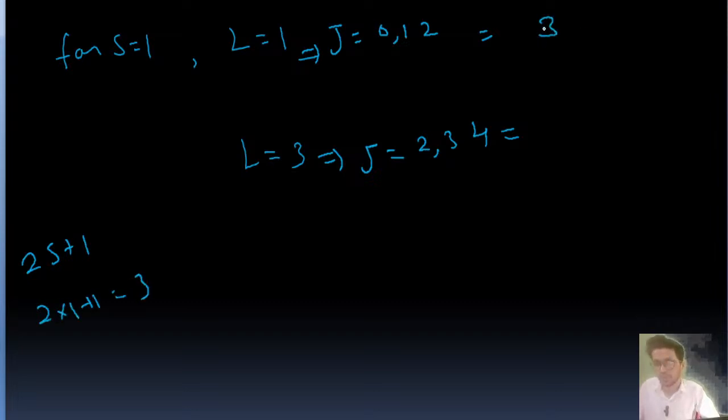So this is 3P with J 0, 1, 2, and for L equal to 3 means F: 3F with 2, 3, 4.